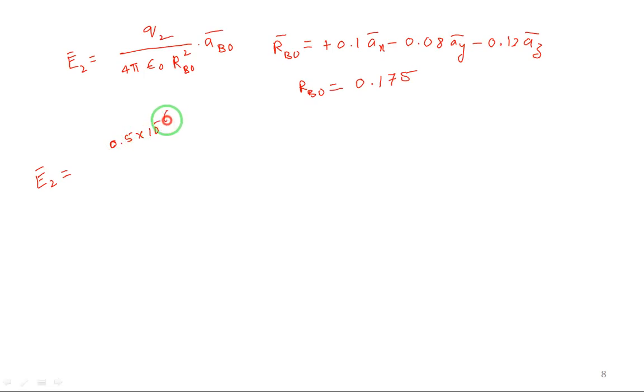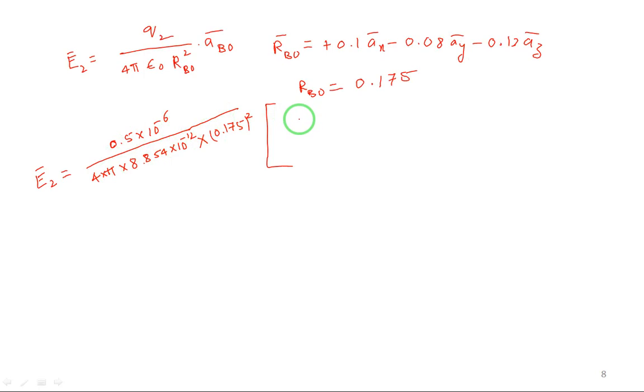Micro means 10 power minus 6, divided by 4 into pi into epsilon naught is 8.854 into 10 power minus 12 into RBO. RBO is 0.175, 0.175 square. Okay, I don't have space, I'll write it here.